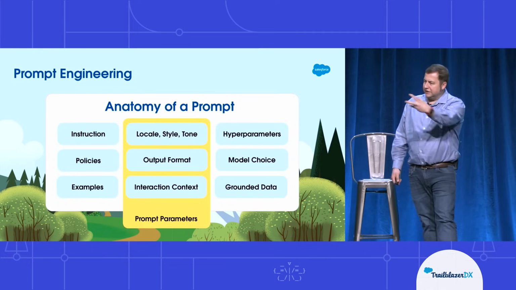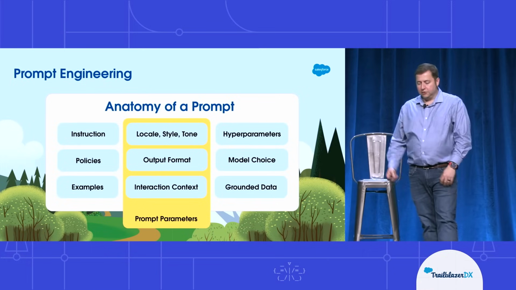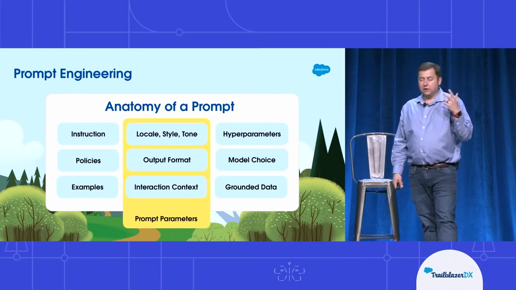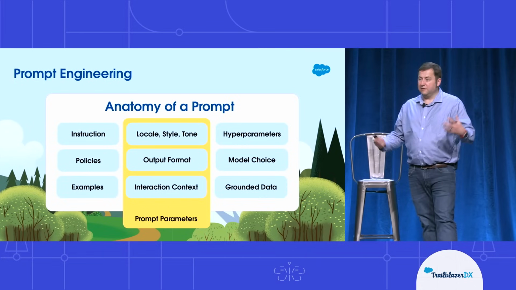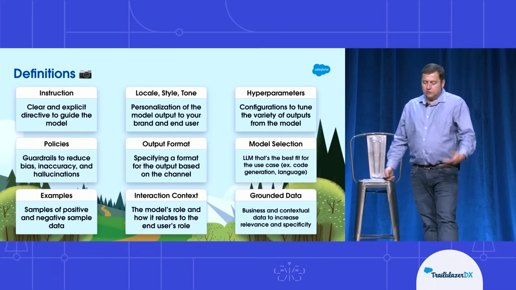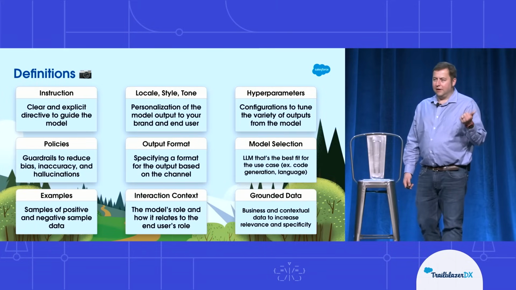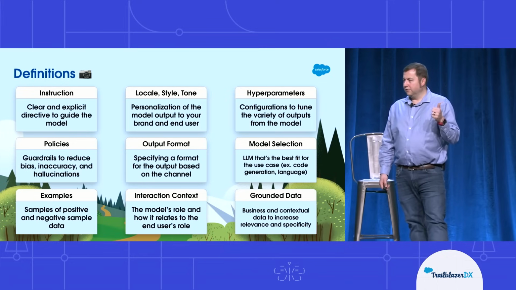You give it a bunch of details about not what you wanted to answer, but how you wanted to answer. And then lastly, you can configure hyperparameters: model choice, which model you want to run against, and what grounded data you want to pass into it. So there's actually a lot inside of a prompt. And that's your slide. If you're not taking a picture of this one yet, this is a great slide to take a picture of. And you can go home and impress all your friends and family with the fact that you know what all these things are.